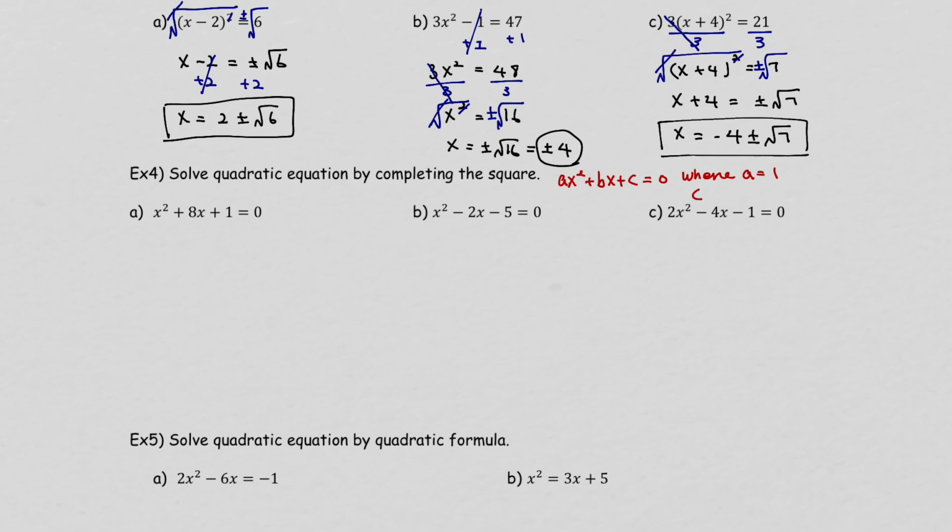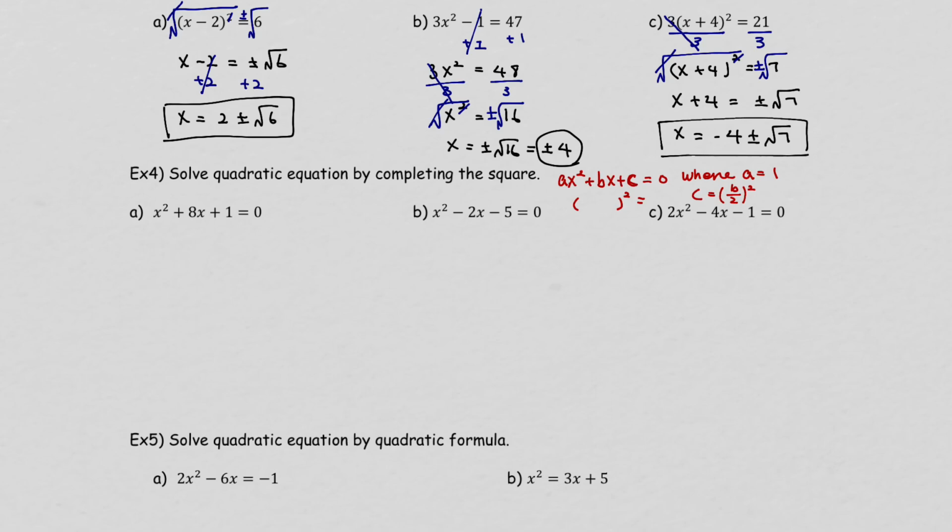And your c should be (b over 2) squared. So long as you have a equals 1, and c is (b over 2) squared, when you factor this quadratic, you will get a perfect square, right? So that's what we're trying to create.